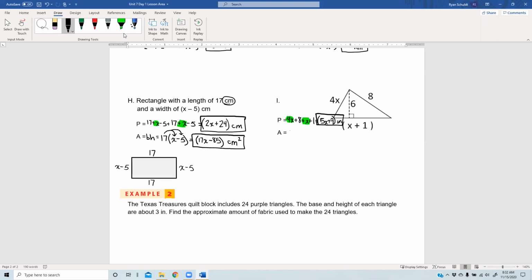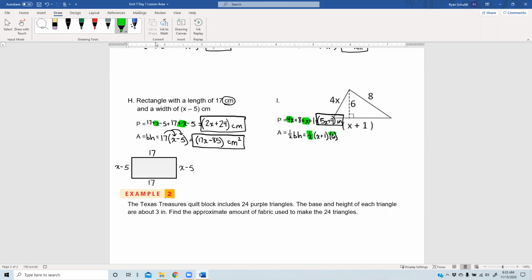Area. Our formula for the area of a triangle is 1/2 base times height. So let's see, our base is x plus 1. So I'm going to say 1/2 of x plus 1 times 6. Now here's where a little bit of creativity comes in. I can distribute the 1/2 in there, and then I'm going to have a bunch of fractions. So what I'm going to do instead, since we're multiplying, I can move things around.